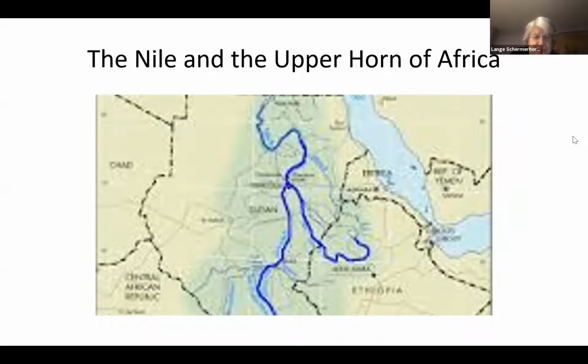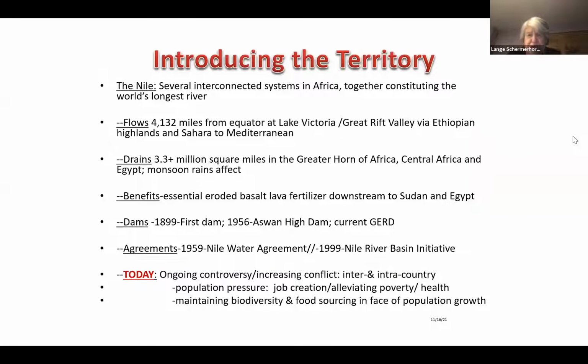Monsoon rains affect it. The benefits downstream are fertilizer that goes to Sudan and Egypt and beyond. The major dams, Vince mentioned some of them, but the first dam was 1899, the Aswan High Dam, and currently the Grand Ethiopian Renaissance Dam, which is still under construction, but beginning to fill.